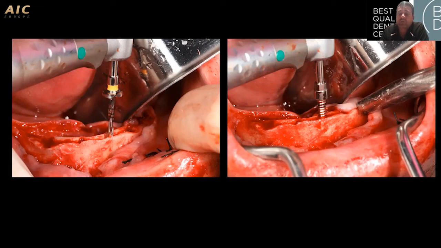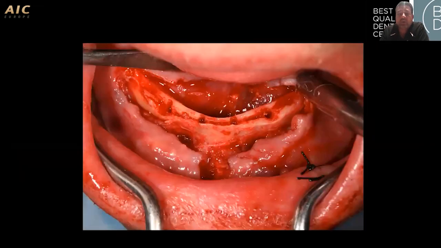So we are going to put 2 implants, but we need to do at least 4 holes to try to achieve it without the risk of fracture of the bone. It's easier when you try to achieve a bigger area for pushing the bone apart.